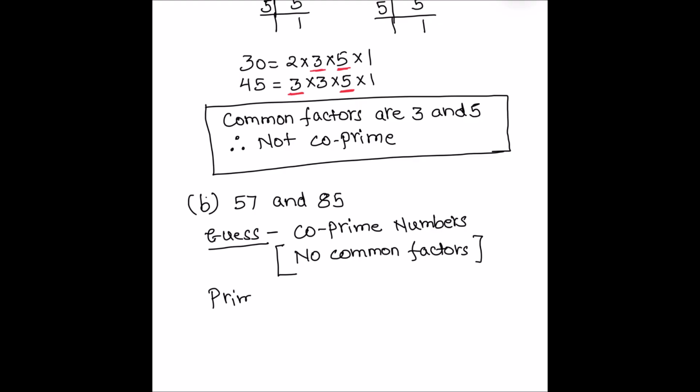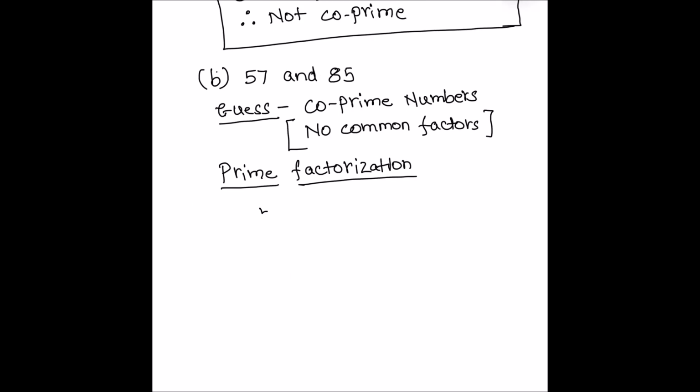Let's do the prime factorization to find the factors of these numbers. First we'll find the factors of 57. Divisible by 3, 3 times 1 is 3, 2 is remainder, 3 times 9 is 27, and then 19 is a prime number, so 19 times 1 is 19.